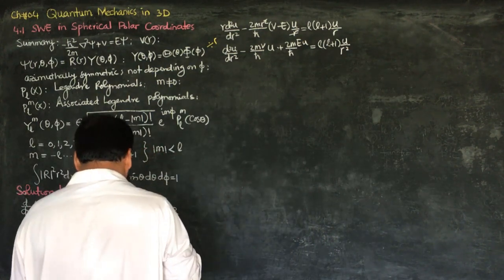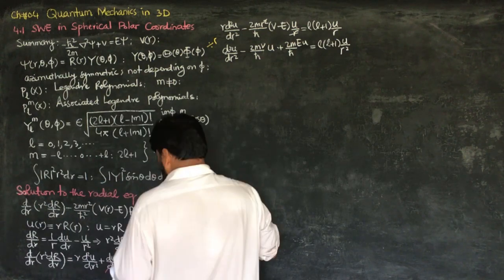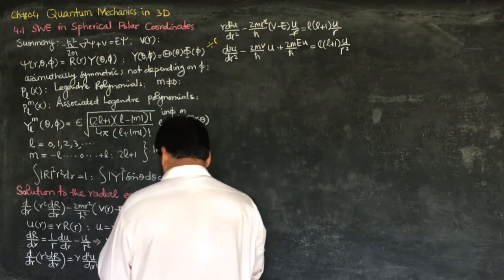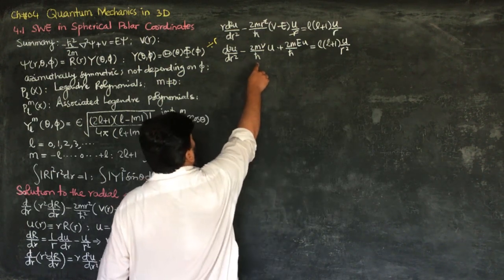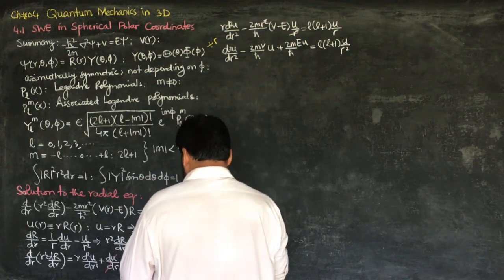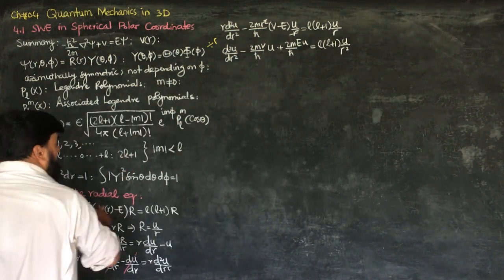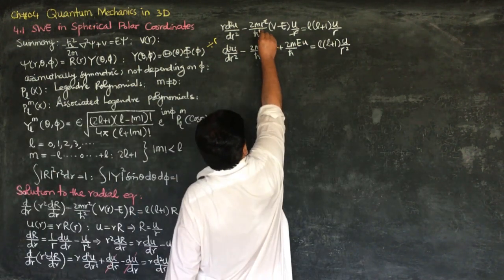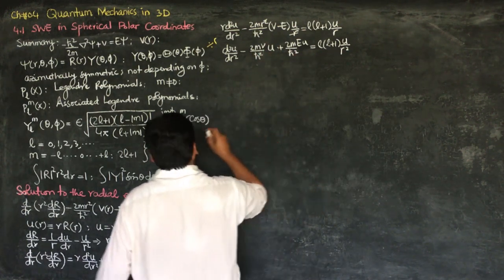So now I can write this thing. If I multiply this whole with minus h bar square over 2m. Okay, here note one thing, that we are having h bar square here.